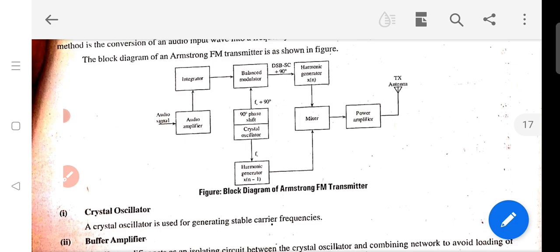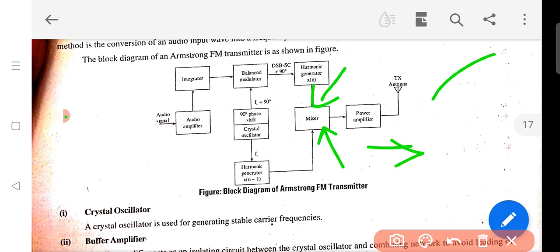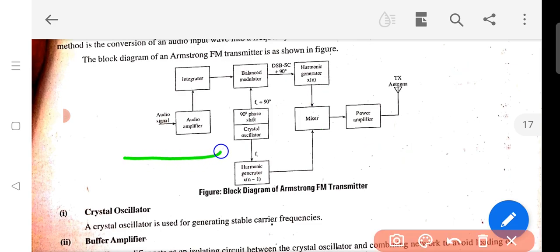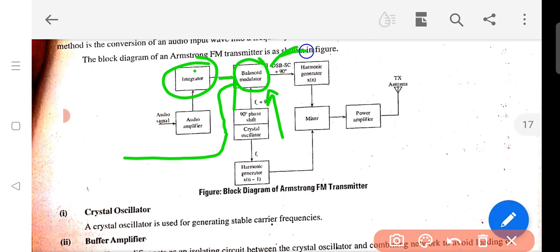This is the Armstrong method of FM generation. I repeat once again: the audio signal is fed to the balanced modulator, or phase modulator, or product modulator, through the integrator. The carrier is further fed through the 90 degrees phase shift, and the output of the balanced modulator is DSB-SC.